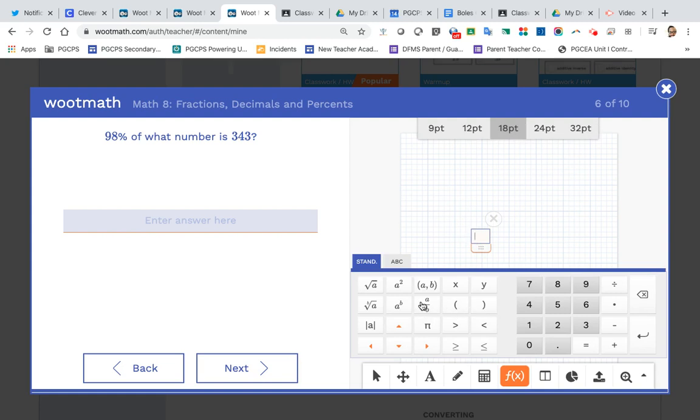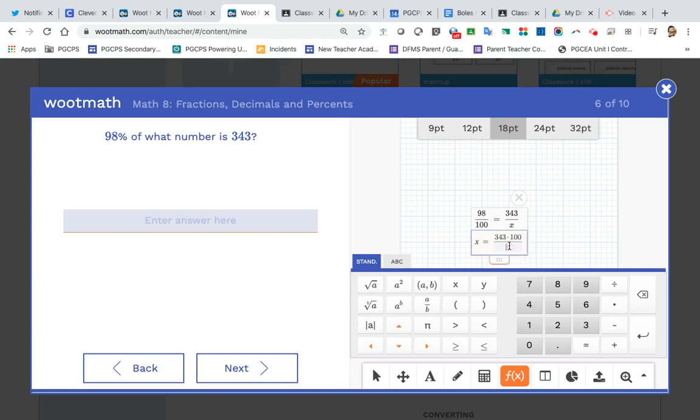All right, so what I'm going to do is change the percent to 98 divided by 100. Forward, put equals. Then I'm going to do another fraction and put 343 and put x. Press enter. Then I'm going to put x is equal to my two numbers that are diagonal, 343 times 100.